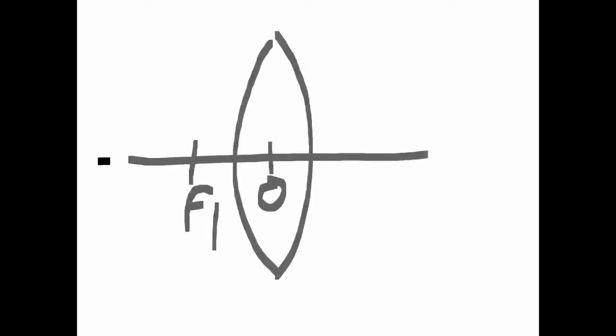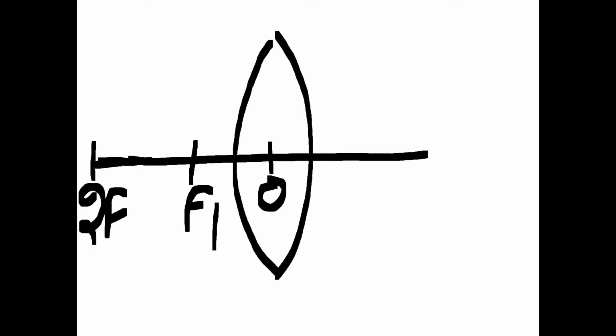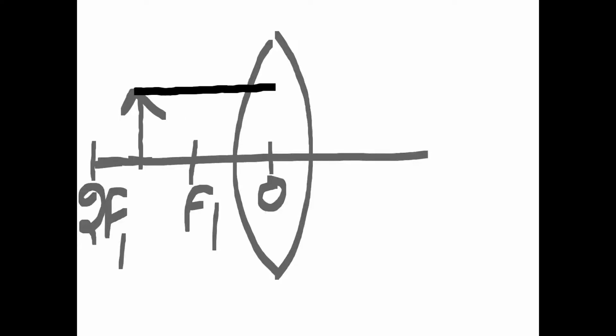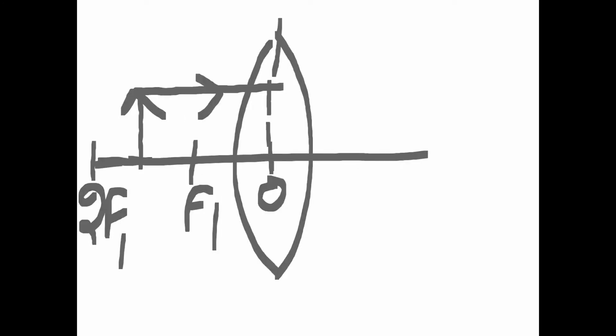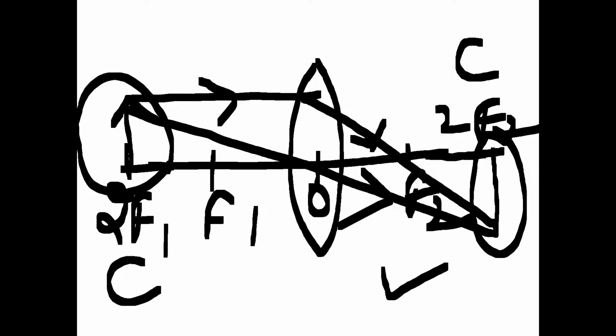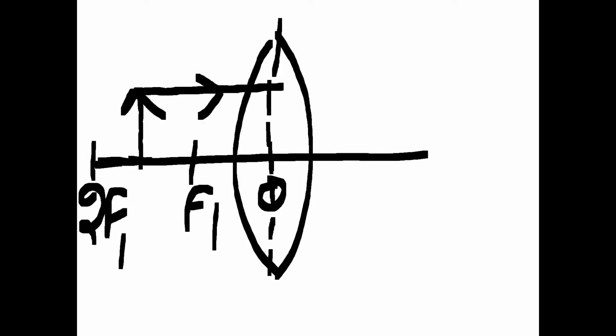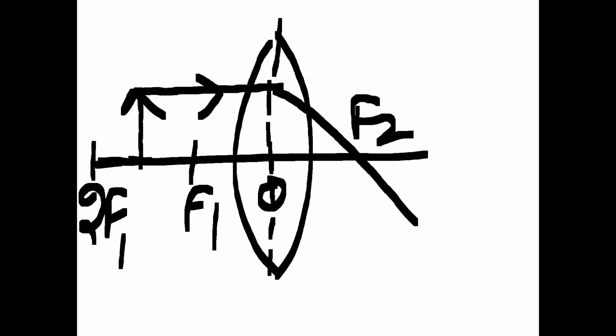Let's see the next ray diagram. When the object is placed between f and 2f, firstly the ray will go parallel to the principal axis. It will pass through the focus. This is f2.